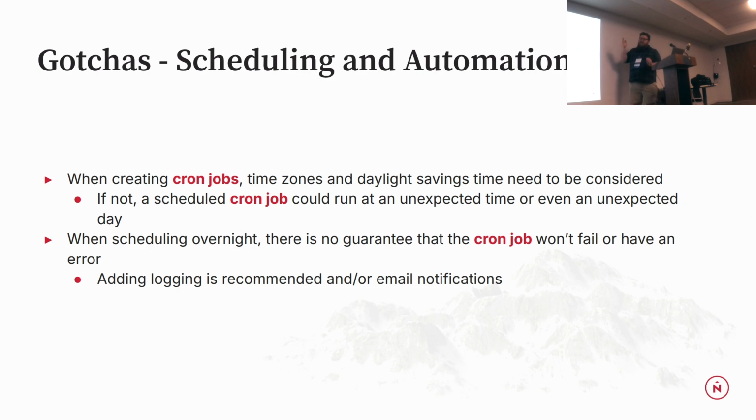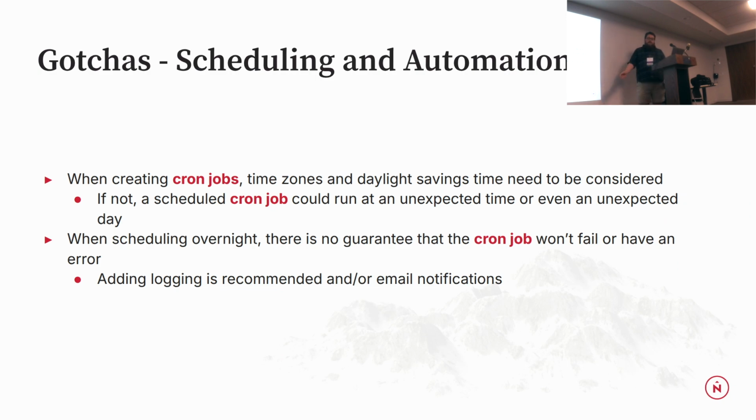So I have to offset my stuff by 4 hours, but then when it's daylight savings time, sometimes it's 4 hours and sometimes it's not 4 hours. So I've had times where it might run on the day before because I didn't run it close enough. There's a lot of that. You have to make sure you're like, okay, time zone offset, daylight savings time offset. So I try to run things at like 2 or 3 in the morning so that we don't get into that weird midnight overlap.